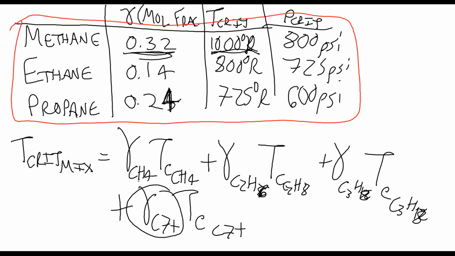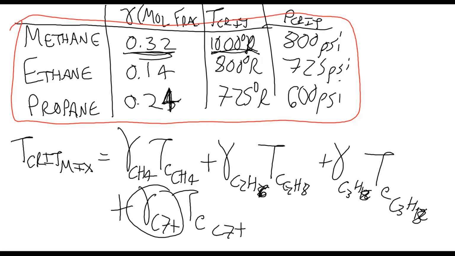So jumping back over to here, that's what equations 6 and 7 are about. So given some molar mass of your C7 plus components, which is an input, as well as some specific gravity, you can compute a boiling point. Based on that boiling point, you can compute a critical pressure and a critical temperature for those C7 plus components.